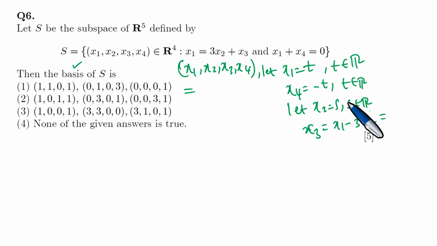And then x3 is t minus 3s, for argument's sake.